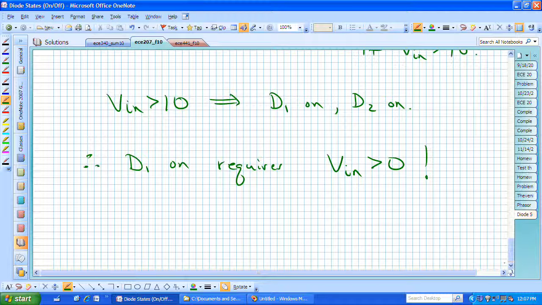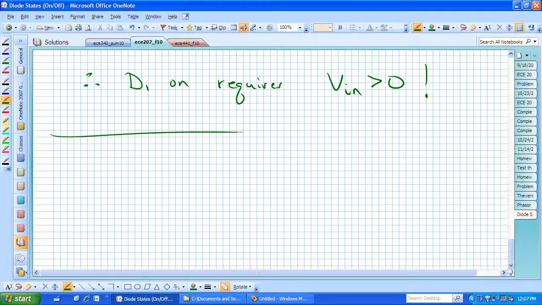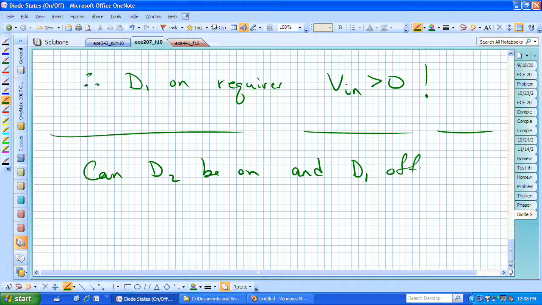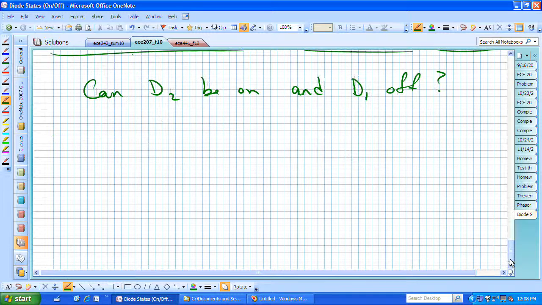Now, you might be saying, so that's really our answer to that particular problem. Another question could be, can D2 be on and D1 off? This is not what was asked, but we could ask this now. So can diode 2 be on and D1 off?